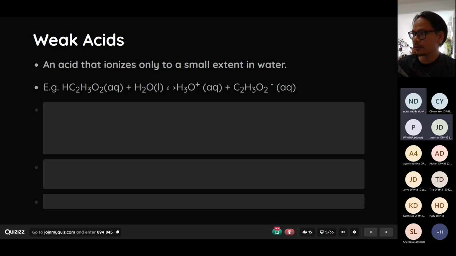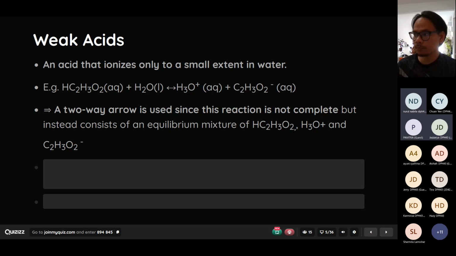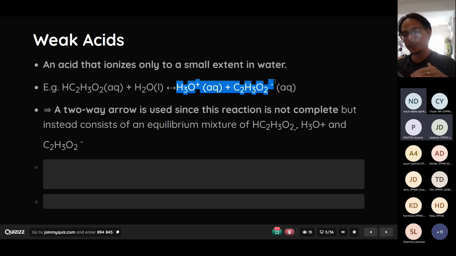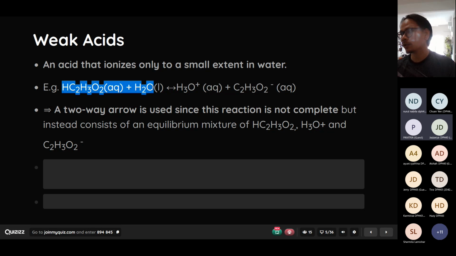But you can see here, there ada two-way arrow. So two-way arrow means the reaction is not complete. So after a while, because this structure is not stable, the product yang dihasilkan tu tidak stabil. So bila tak stabil, dia akan try to find its way back to stability. So how to find its way back to stability adalah dengan menghasilkan bahan-bahan ni balik semula.